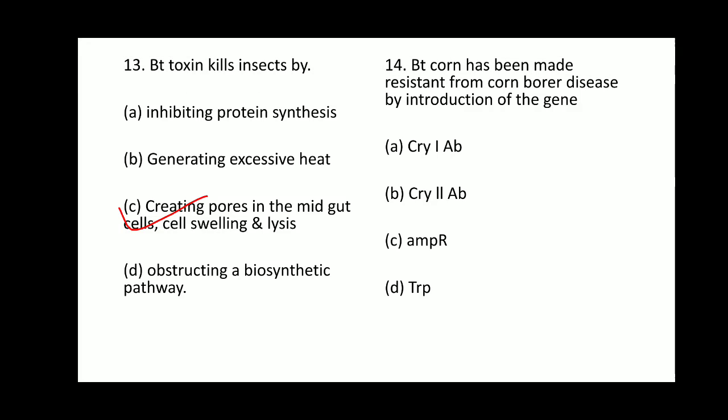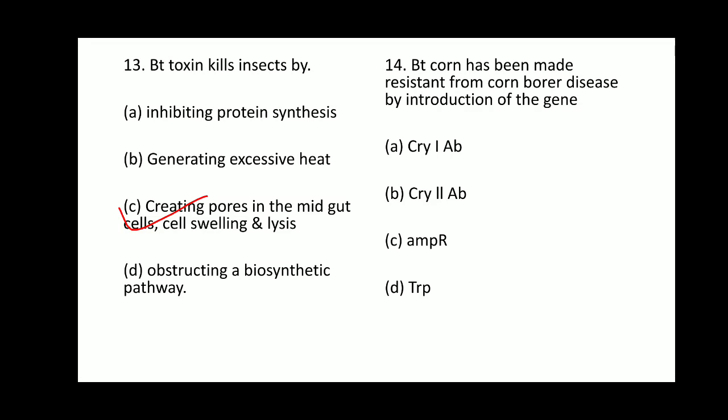Question number 14. Bt corn has been made resistant to corn borer by introduction of the gene option A, cry1AB, option B, cry2AB, option C, ampicillin resistance gene, and option D, TRP gene.